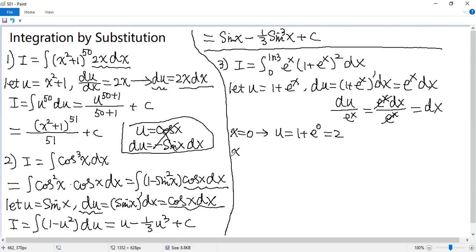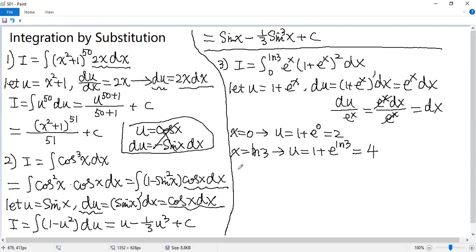When x equals ln 3, u equals 1 plus e to the ln 3. e to the ln 3 equals 3. 3 plus 1 equals 4.